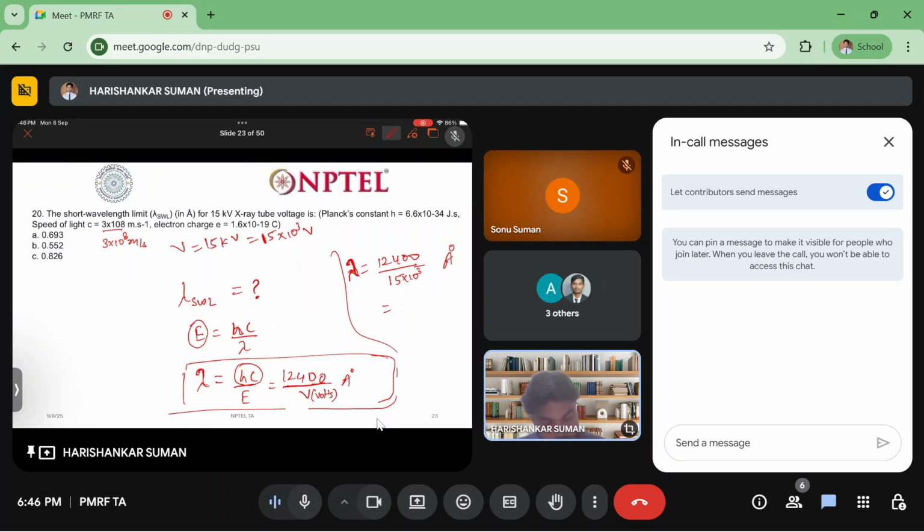So the answer is around 2.6 in angstrom. So C will be the answer. Yes, we are correct. So use this formula to calculate.